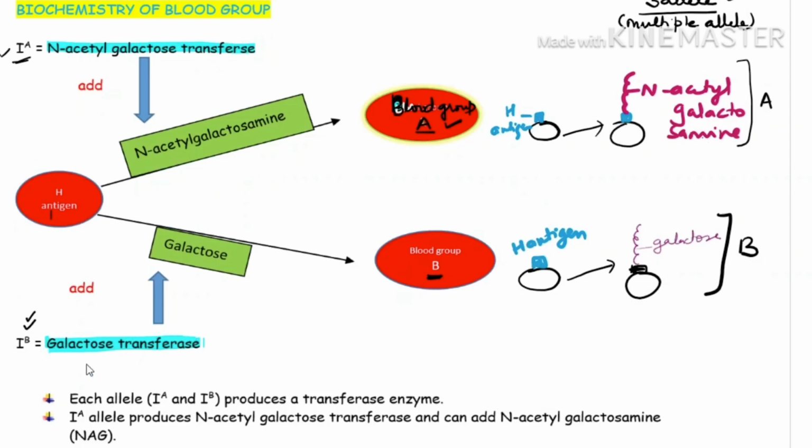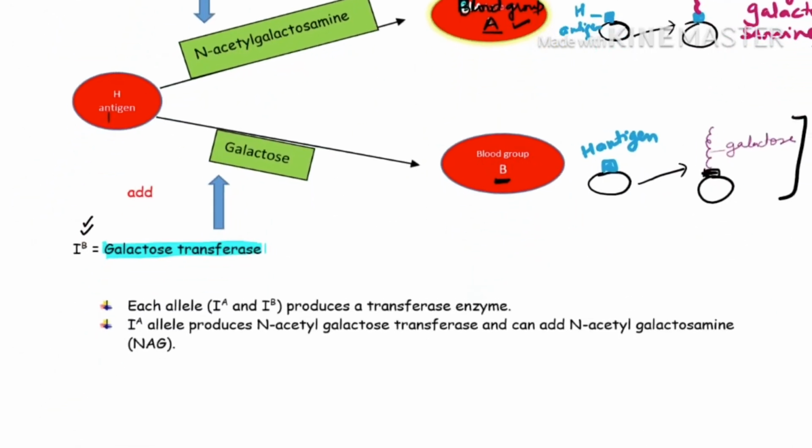Means they are able to produce an enzyme, and the enzyme is able to add the sugar part to the H antigen. It is clear that both the alleles are expressing.